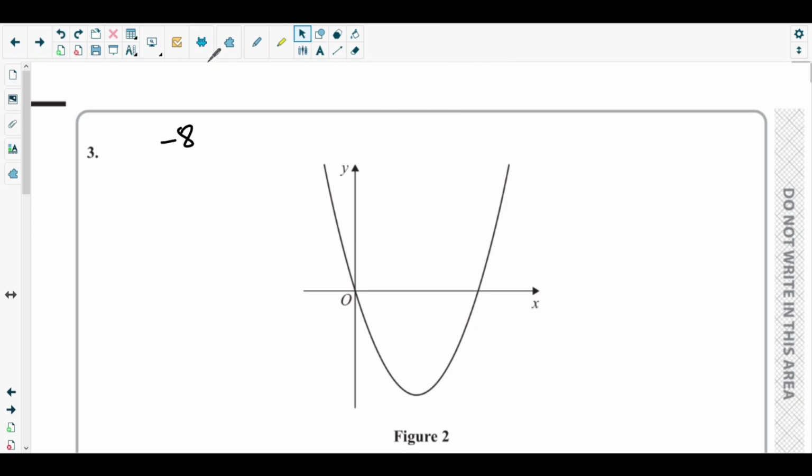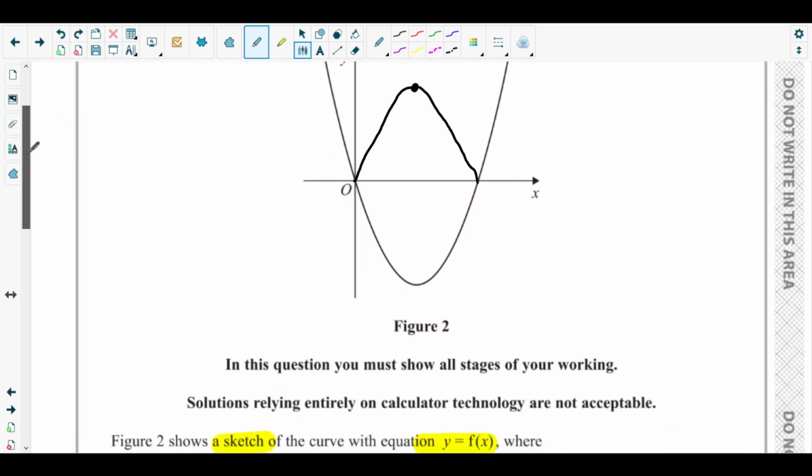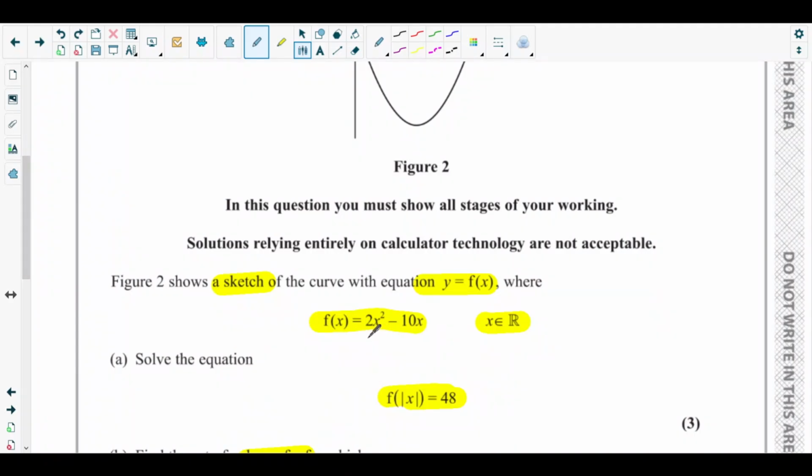So we will consider this vertex. What's that vertex? To figure out that vertex, consider this equation, 2x squared negative 10x. This is a quadratic equation. From the completing the square form, we can get the coordinates of the turning point, isn't it? So you don't need to simplify the whole quadratic equation to completing the square form.